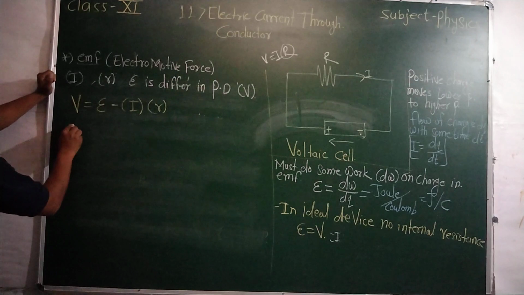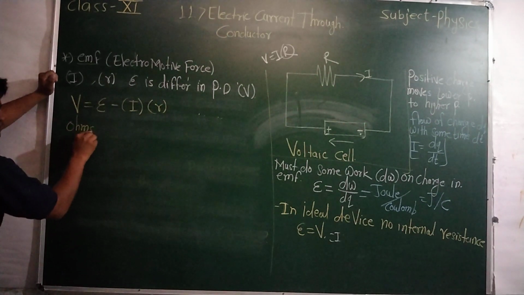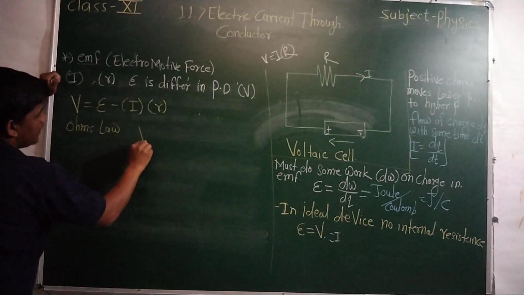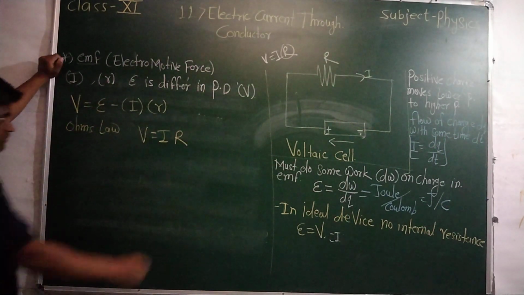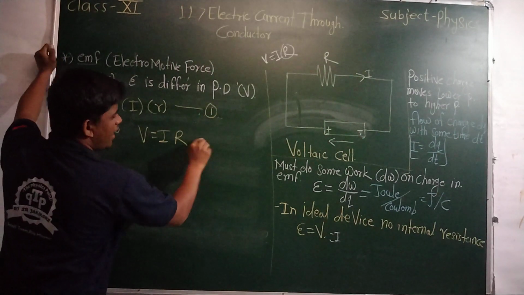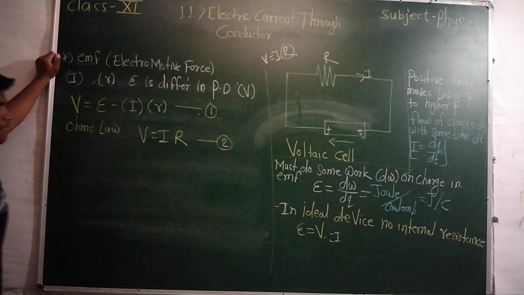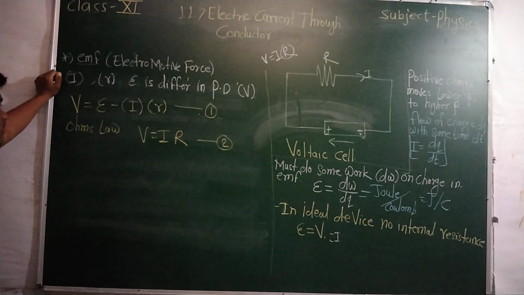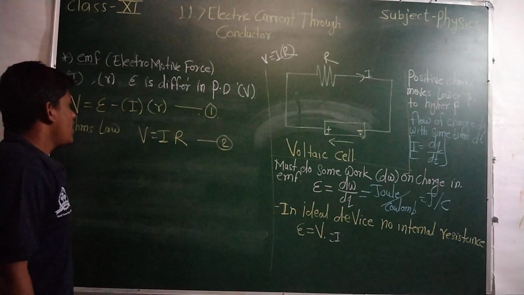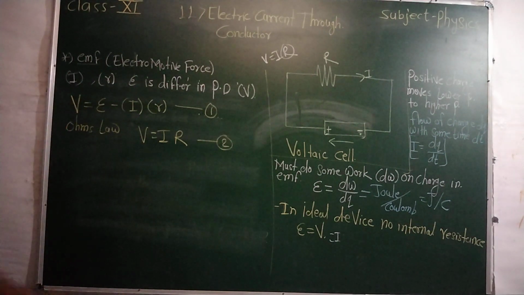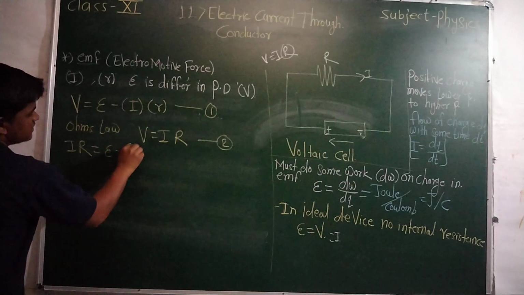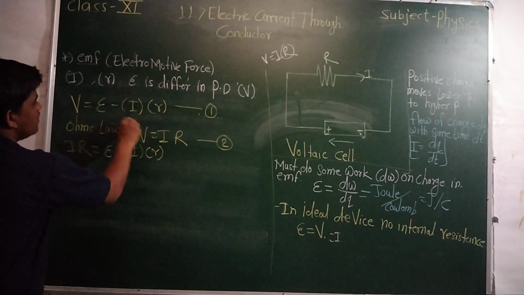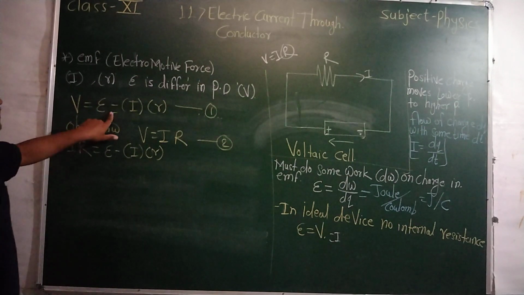By Ohm's law, V is equal to I into R. Consider this as equation 1 and this as equation 2. Observing both equations, the left hand sides are equal, so the right hand sides are equal. Then I R is equal to epsilon minus I r.